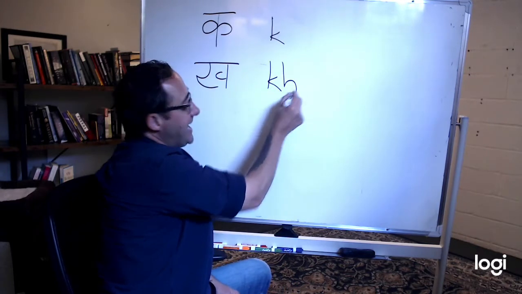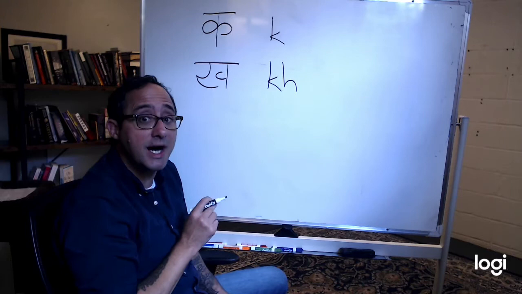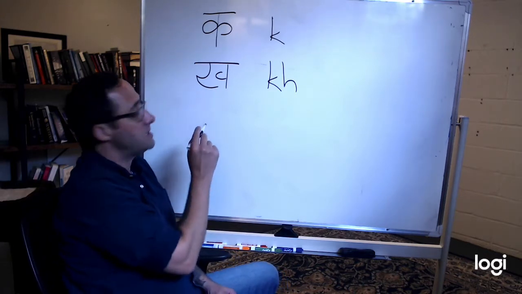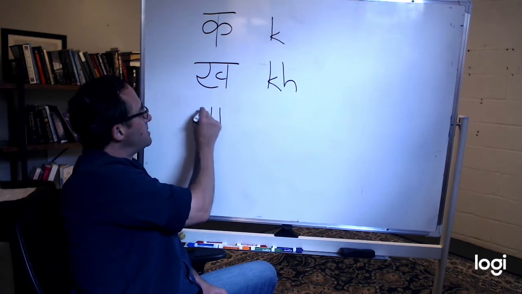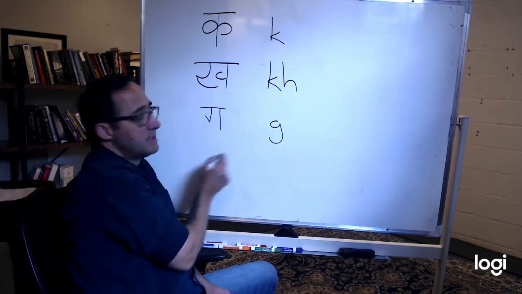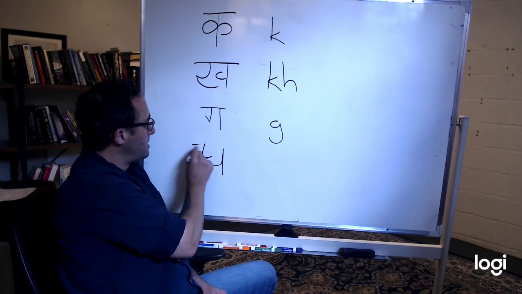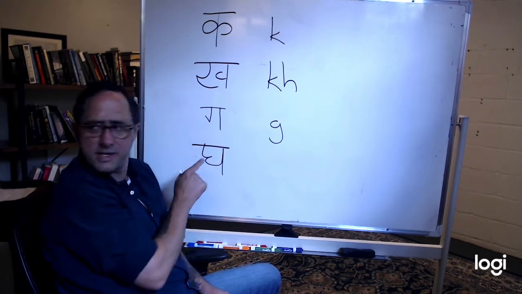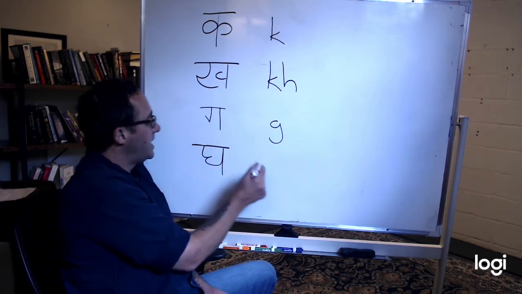We're going to put a KH. That's not a ha. It's a kha. We're also going to put a ga here. Ga. And that is the ga, not duh. Ga.